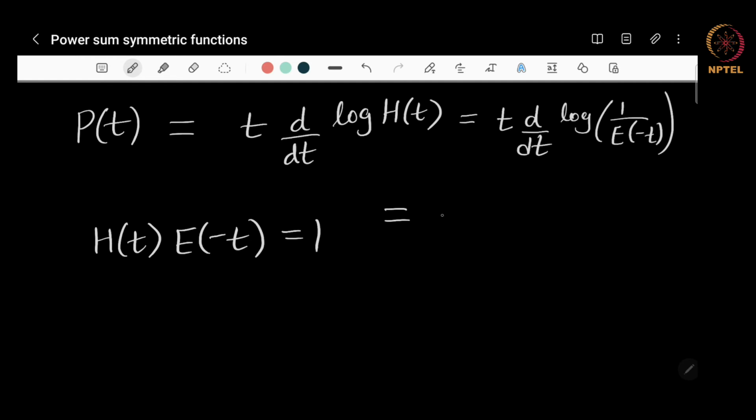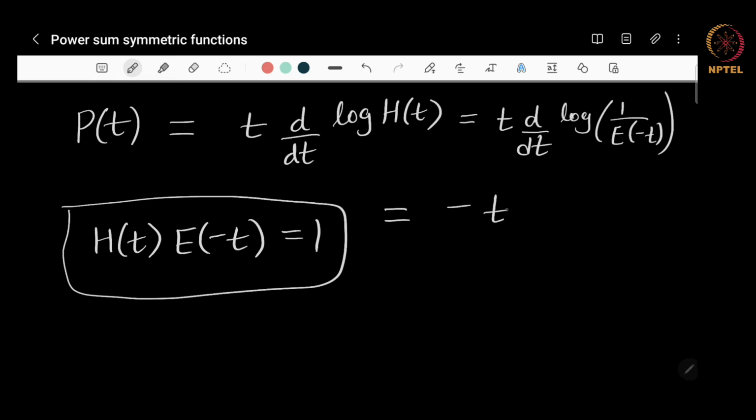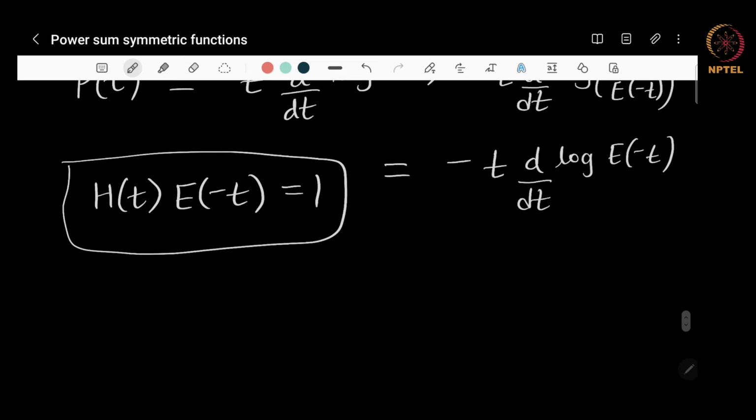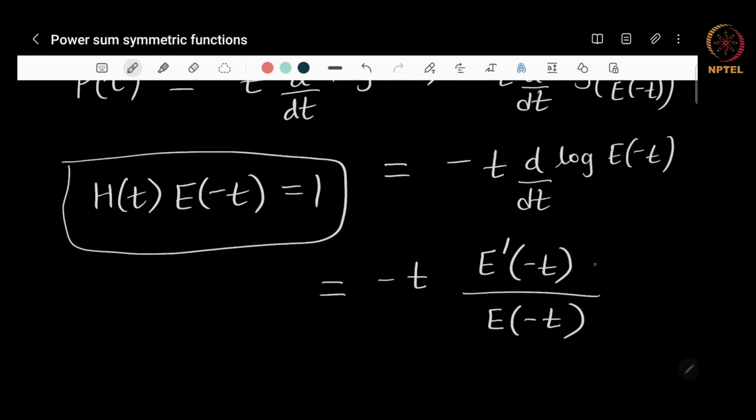Okay, so I can pull that out and write it as minus t d/dt log of e of minus t. There are many minuses to be kept track of here, but let's do this nevertheless. So this is minus t, and the derivative of log of e of minus t will give me 1 by e of minus t, e prime of minus t, into a minus 1.